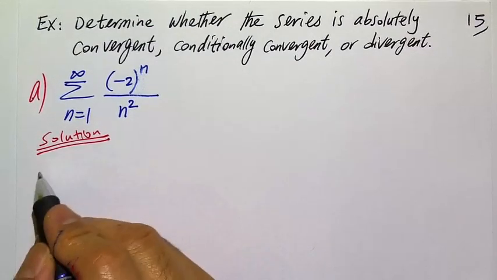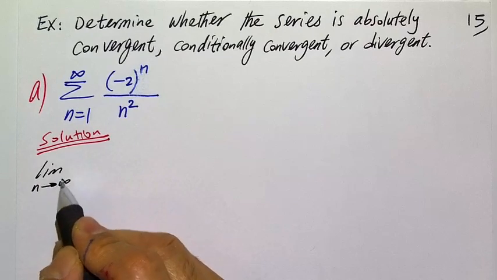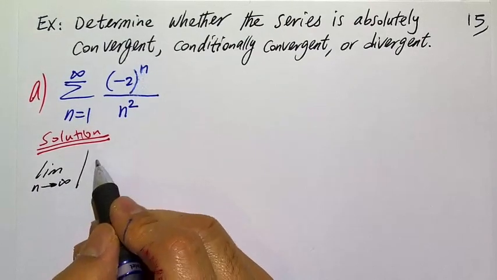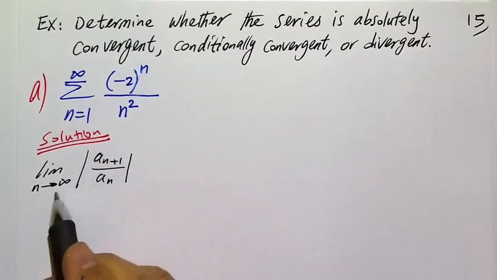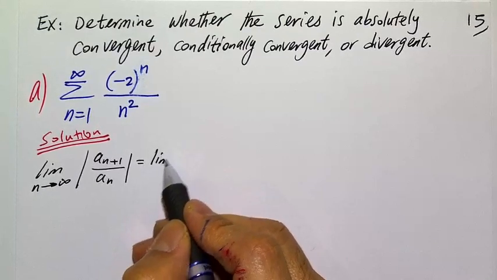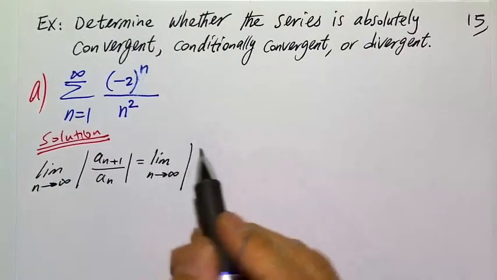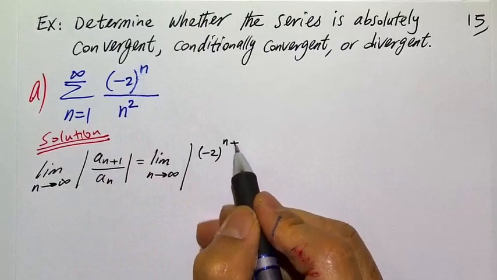Okay, so the limit of the absolute value of a n plus 1 over a n as n goes to infinity is equal to, so this is minus 2 to n plus 1, right?